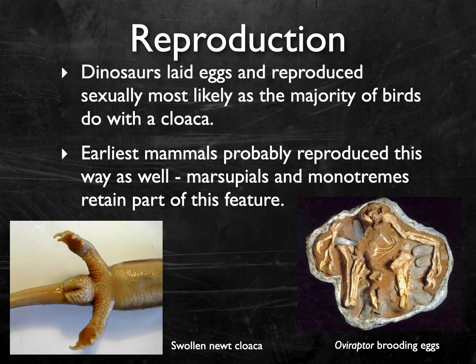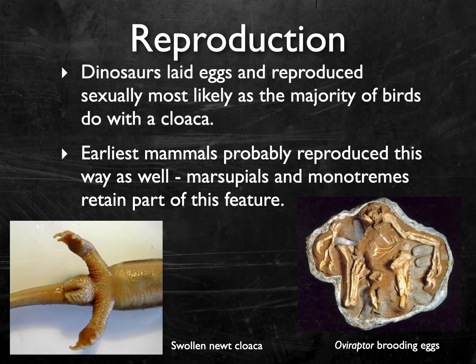So most birds reproduce really similar to a lot of reptiles in the fact they have this thing called a cloaca. So you've got a picture down there of a newt, and you can see the rear end there underneath the tail. That's its cloaca, and what will happen is it will swell up with blood, and then it will find a female, and the female also has one of these, and then they'll perform what's known as a cloacal kiss.